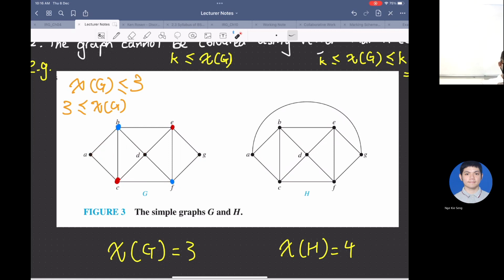Or you can say that there's a triangle here. Once you have a triangle, the chromatic number has to be greater or equal to 3, because if you have a triangle, these 3 vertices must have different colors. That's a clean way to say it for G, as a triangle.